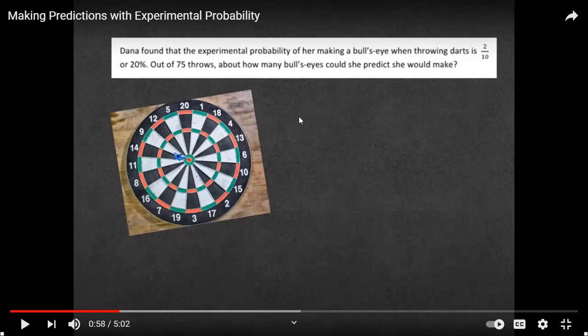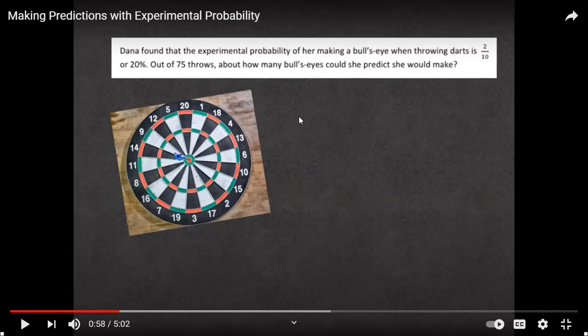Thank you, Muhammad. Then, when she threw 10 times, she got how many? Then she made the experiment, and she threw 10 times. She got 2 out of 10.